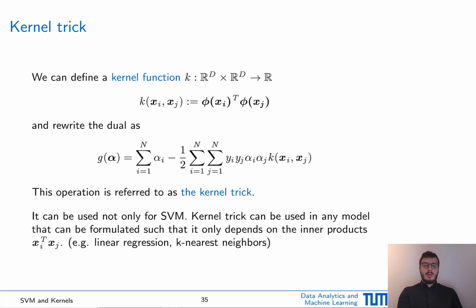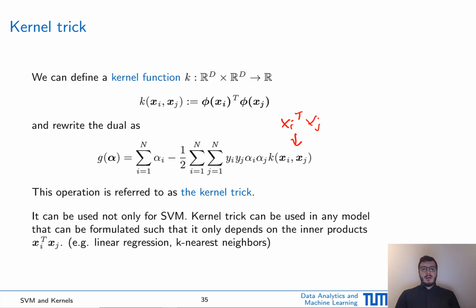It's the kernel function. It depends on the features of the data instance i and the instance j, and we simply define it as phi of xi transposed phi of xj. And now in the dual, instead of writing out the inner product, we simply plug in this function k.